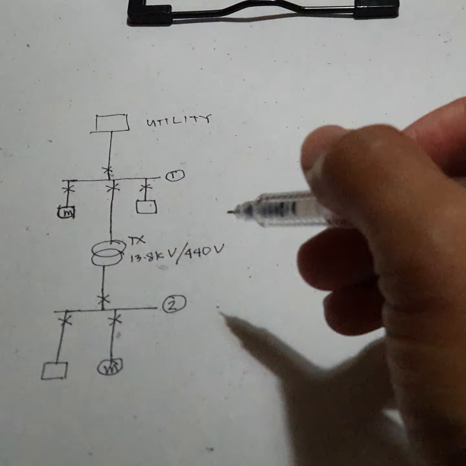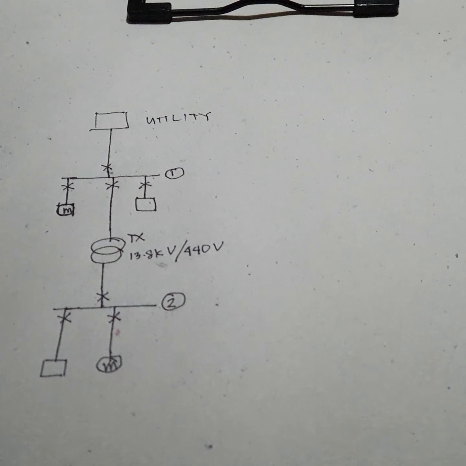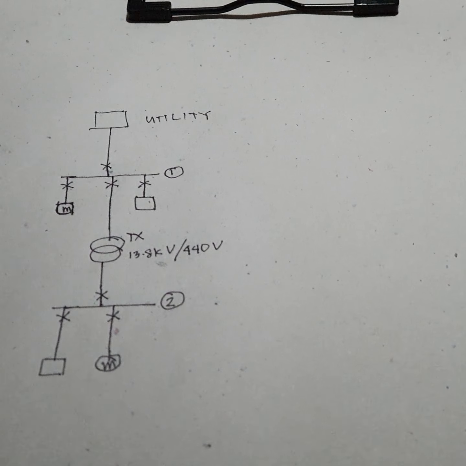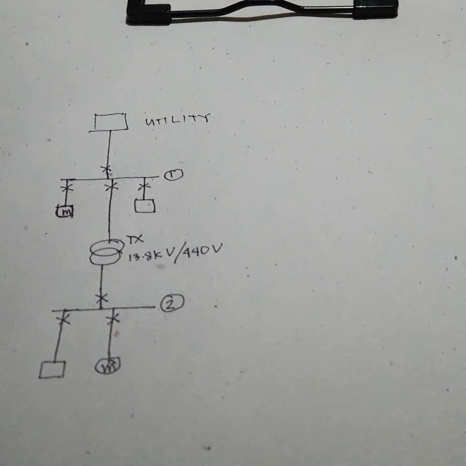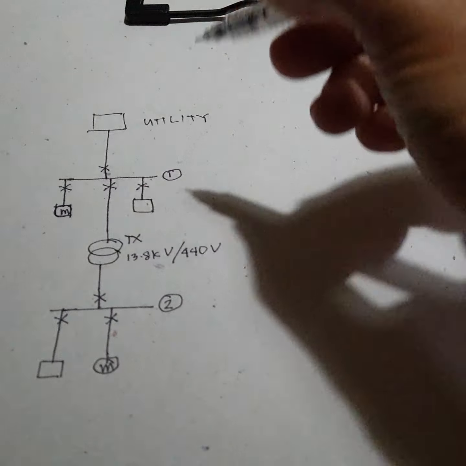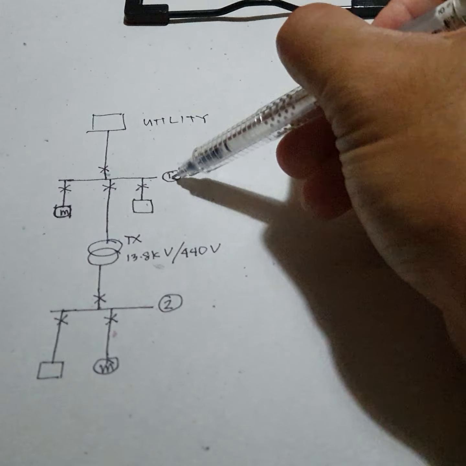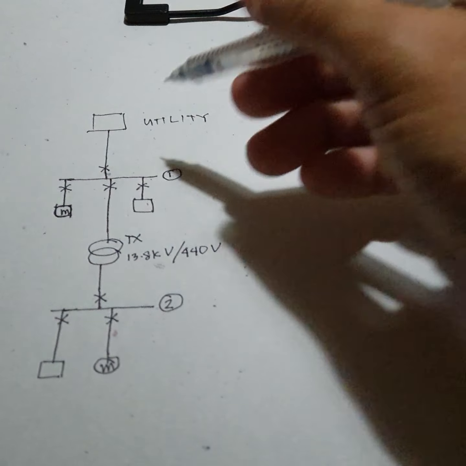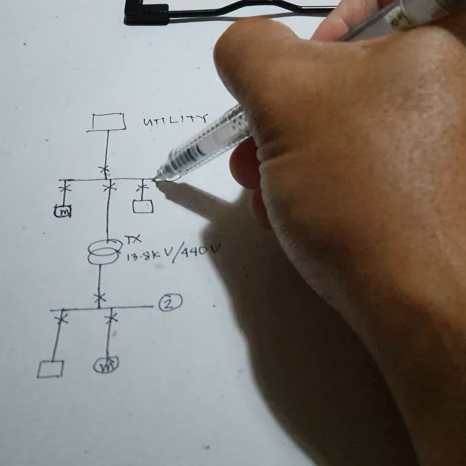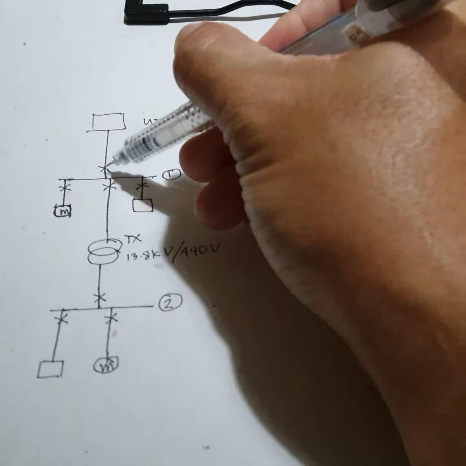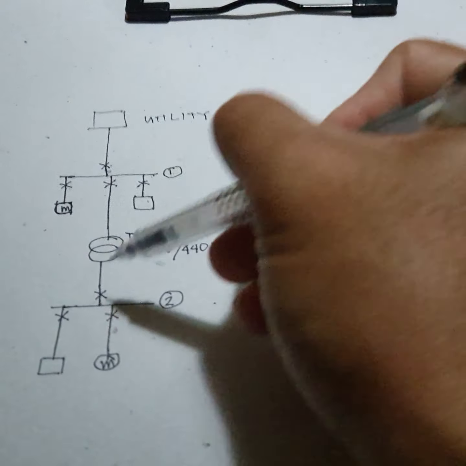Now for me, when I check a power system, the fault rating of the protective devices, here we have bus 1 and bus 2, and of course the protective devices are connected in each bus. So we have a bus here, we also have a bus here.